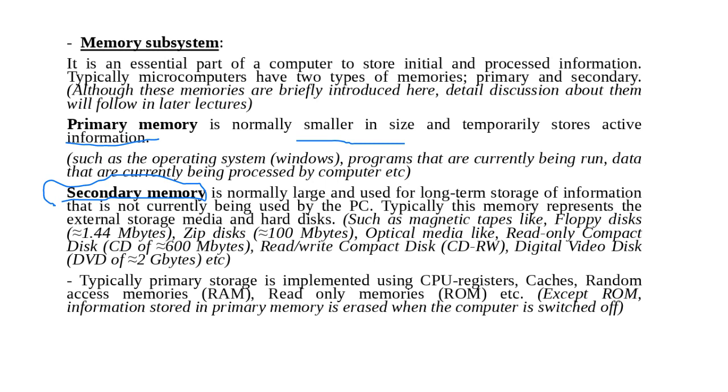1.44 megabytes in size, and also CDs, compact discs like CD read-write, and different types of DVD, digital video discs. These are available and we also use them. These are the secondary memory. Okay, typically primary storage is implemented using CPU registers.